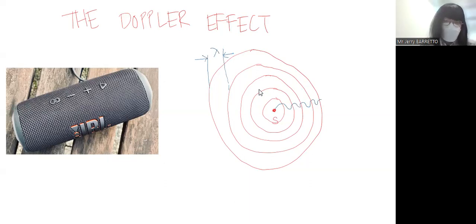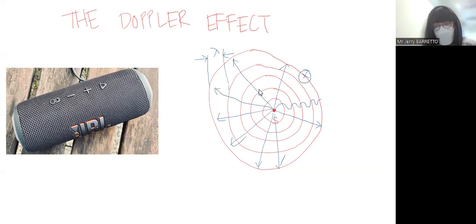Now, these sound waves spread evenly in all directions. That's why if you were here, you'd still hear the sound just as loud, the same quality and loudness of sound.